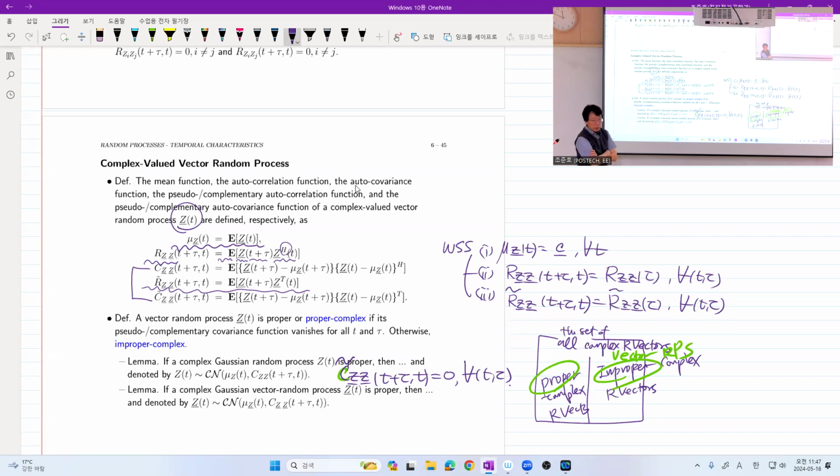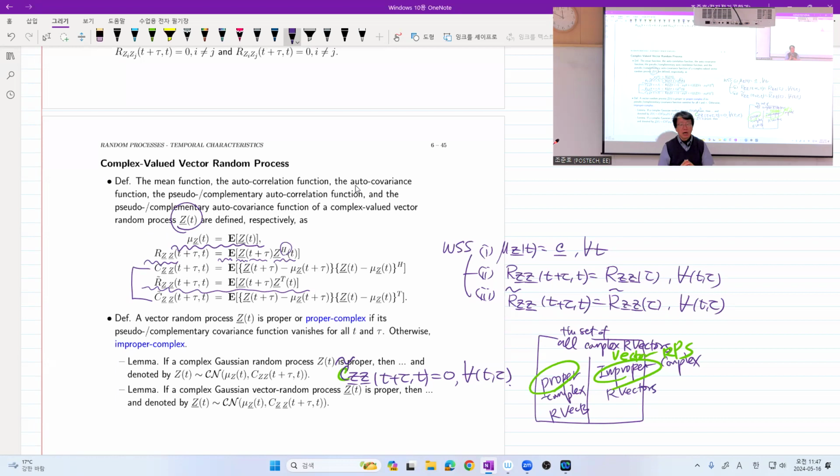So what about Gaussianity of a complex random process? Due to the equivalence between a complex number and two real numbers, you first need to define a complex Gaussian random process. In what sense? You have two real processes.